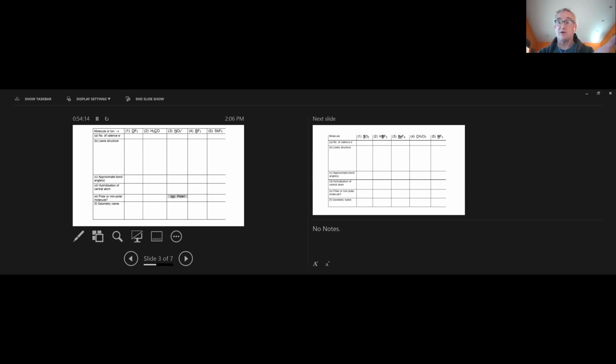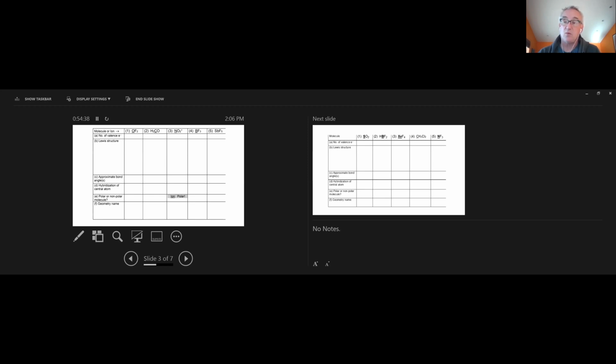So when I ask for approximate bond angles, all I'm asking is, is it going to be less than ideal, more than ideal, or is it going to be ideal? That's it. You don't have to give an exact number, because who knows what the exact number is going to be. Just based on the picture you drew, more, less, or ideal.